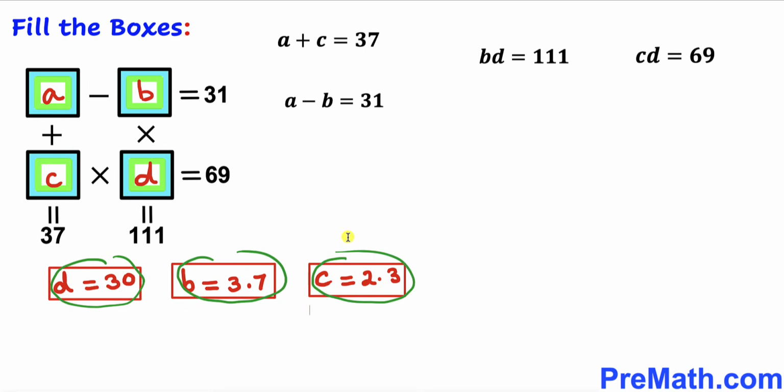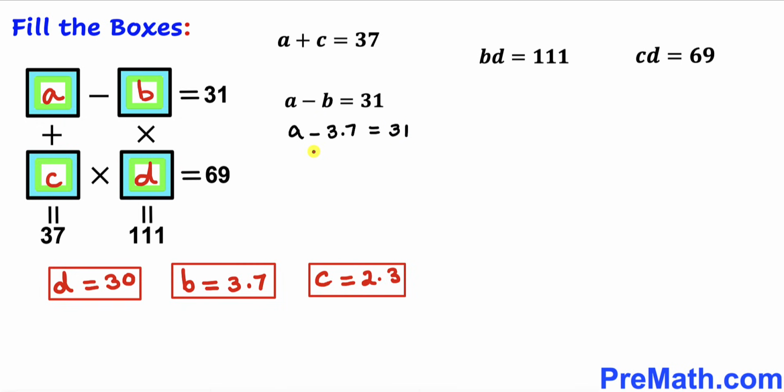So far we have figured out d equals 30, b equals 3.7, and c equals 2.3. Finally I'm going to solve for this lowercase a value as well by substituting lowercase b value as 3.7 over here. So I can write a minus, let's replace b with 3.7, equals 31.